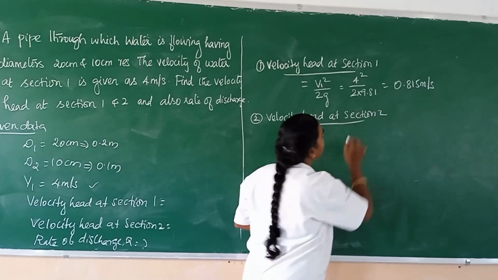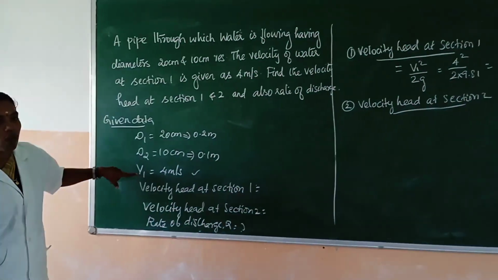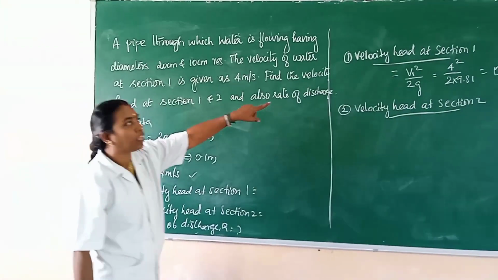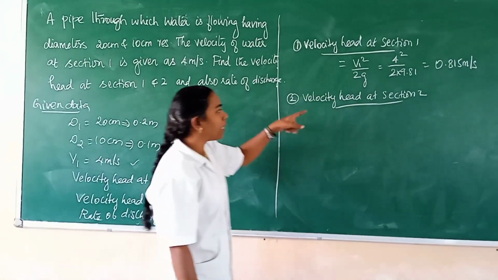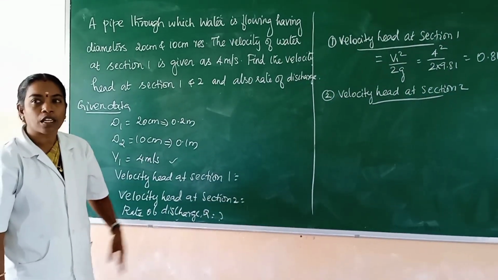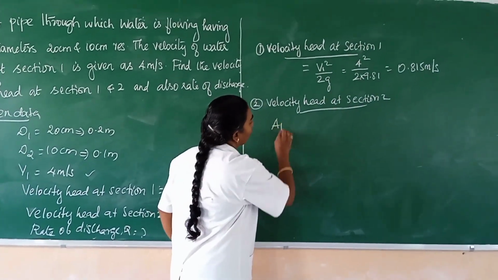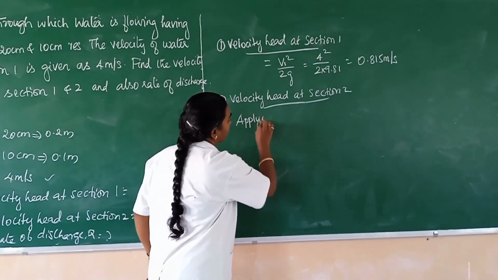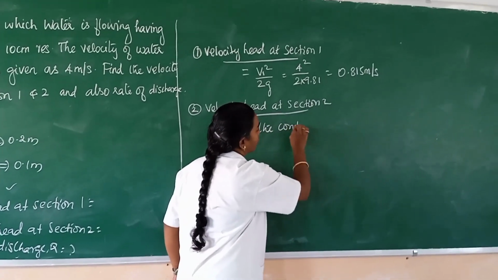In this problem, velocity V1 is already given, so we can directly use the formula V1 squared by 2g. But for the velocity head at section 2, we don't know the V2 value. So for that purpose, we apply the continuity equation.